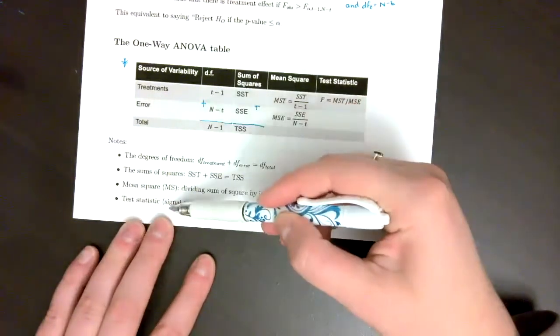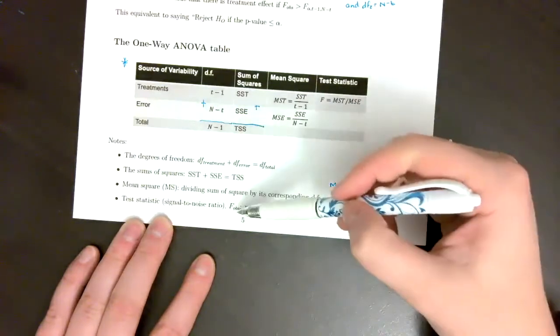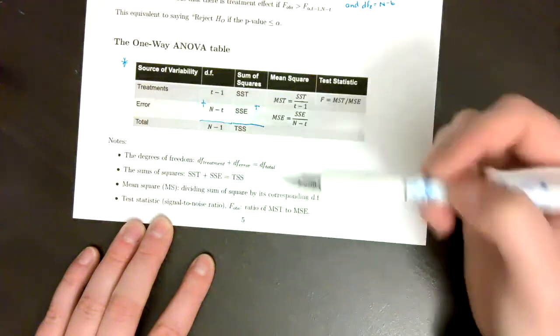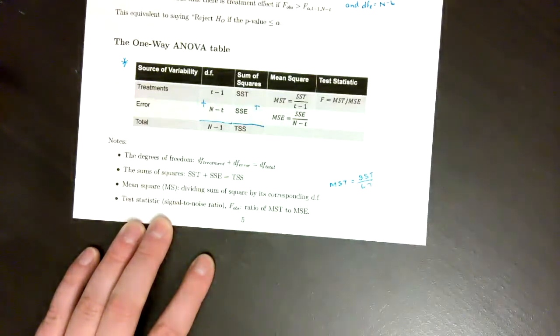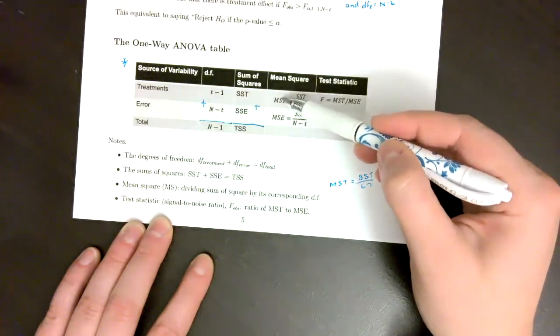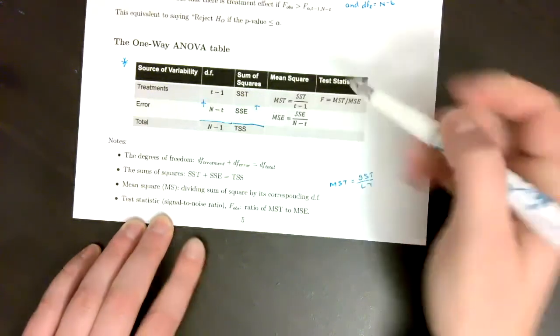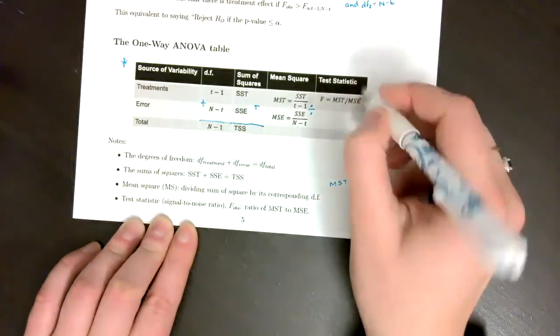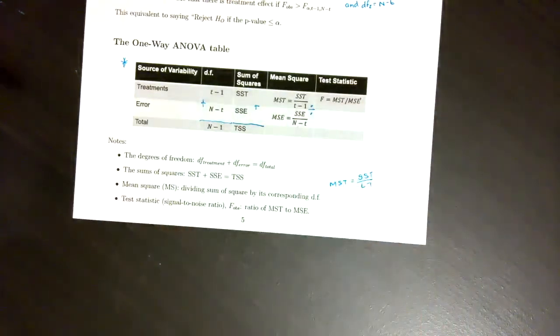And then our test statistic, or signal to noise ratio, which I write as F observed just because that's what we observed using our data, is the ratio between our mean squared treatment and our MSE. So it's these two divided to get here. It's important you know this for multiple reasons on tests.